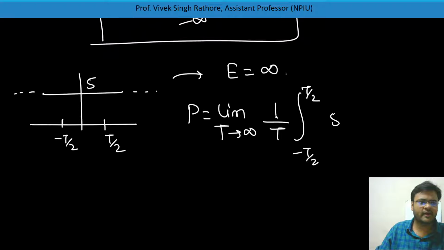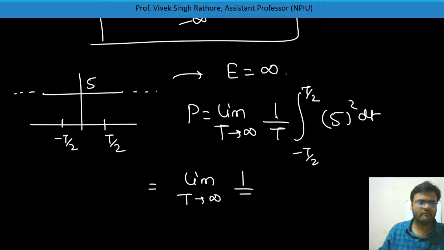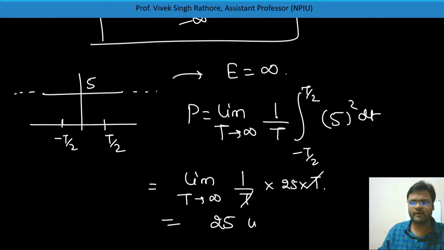Now limit T tending to infinity, 1 by T will be there, it will be 25 into T when it integrates, and then the T's cancel, so it won't bother much. So the final value will be 25 watt.